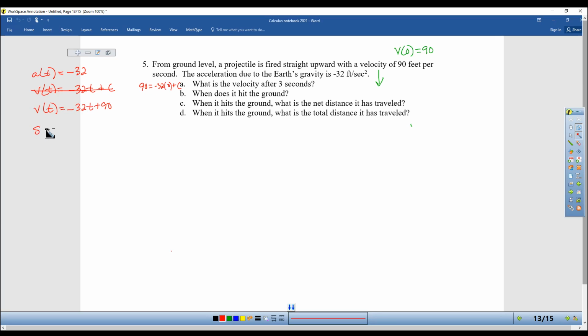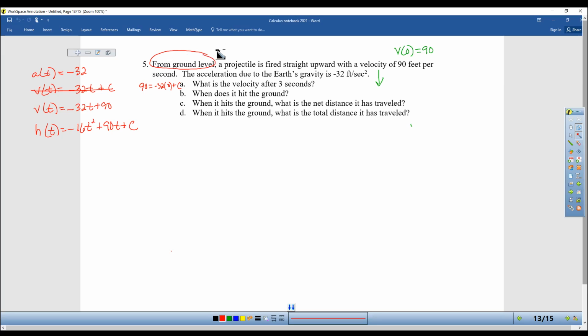And then I integrate that for my position. Actually, I'm going to use h this time. Don't want you to be stuck on it has to be s or it has to be x. Its height at any time is negative, now when I make that t squared, I'm going to divide by 2. So it's going to be negative 16t squared plus 90t plus c. Now in order to get that c, I need to know its position at some time. And they don't like to just shout this out to you. You're going to have to think about it.